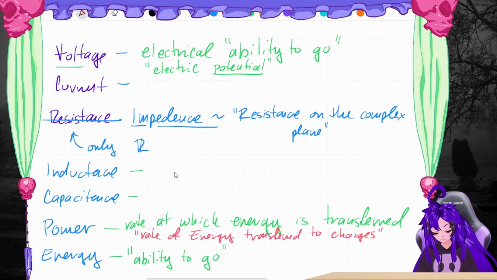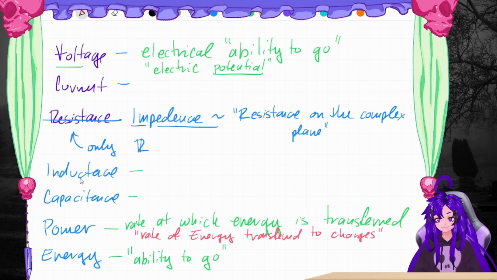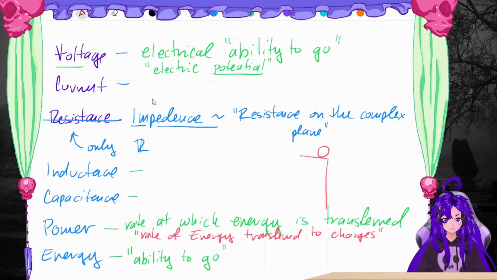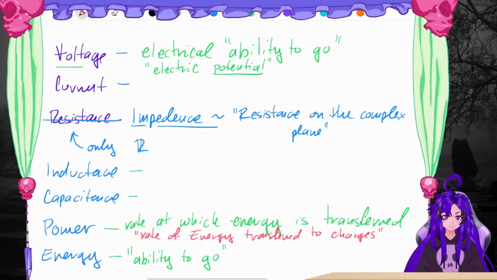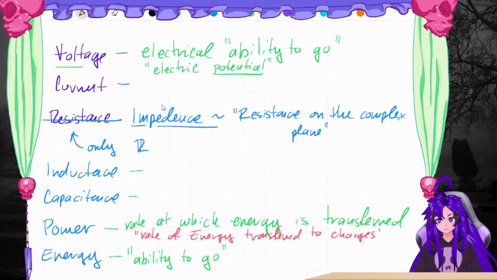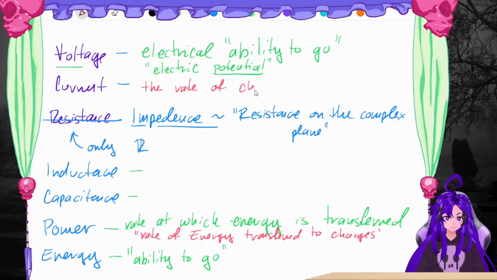And so that leaves us with inductance, capacitance, and current. These don't really have analogs to ball physics, to Newtonian physics. Current is more like a velocity than anything else. This is the rate of charges, so dq/dt.